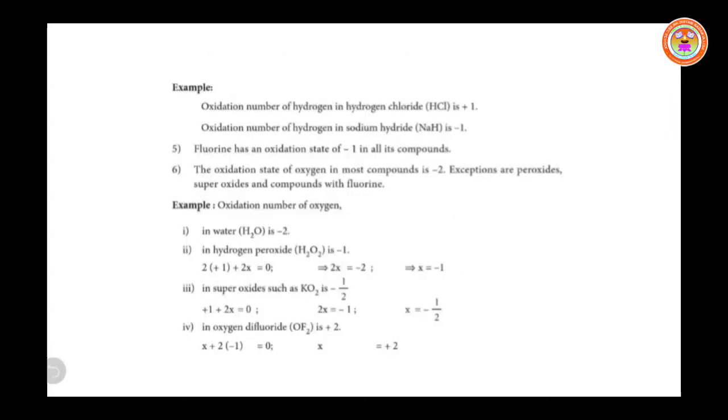For example, let us consider HCl. In HCl, the oxidation number of hydrogen is plus 1. Here we substitute the oxidation number of chlorine to calculate the oxidation number of hydrogen. Write H, then there is 1 chlorine, and the oxidation number of chlorine is minus 1.